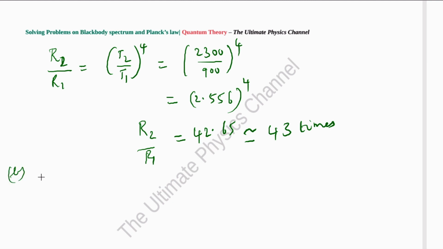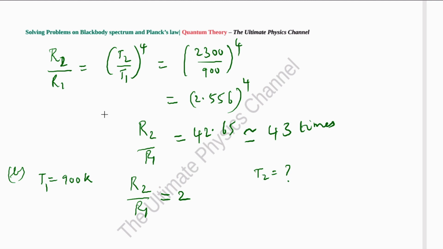Now the temperature initially is now 900 Kelvin. Now power ratio R2 over R1 is 2 because it's doubling now. Right? Now what is the temperature? T2. That is the question now.